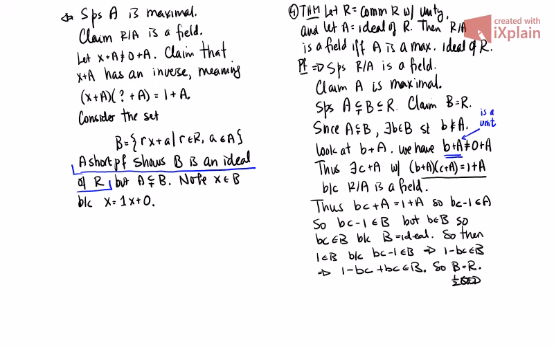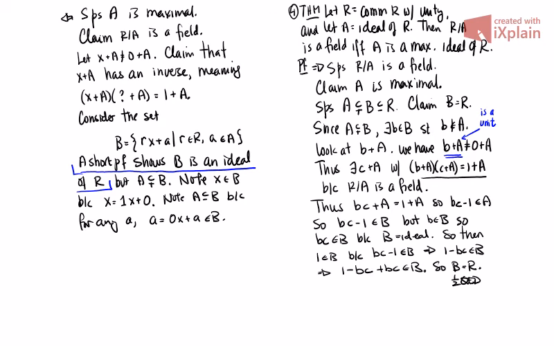A is contained in B because any little a is 0x plus little a, and that's in B. So the fact that A is contained in B is easy, and the fact that A is not equal to B is easy.